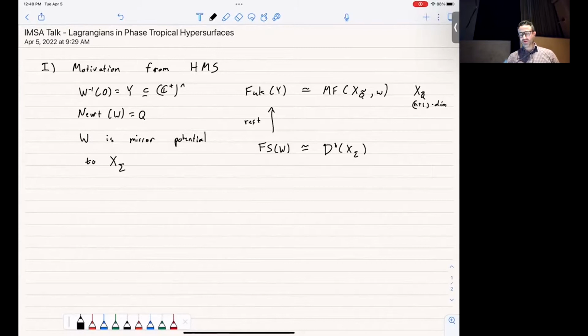So there's a restriction functor to the Fukaya category of the hypersurface, and there is a stabilization functor in this case. So in this case, X_Q tilde is going to be just the total space of the canonical bundle of X.